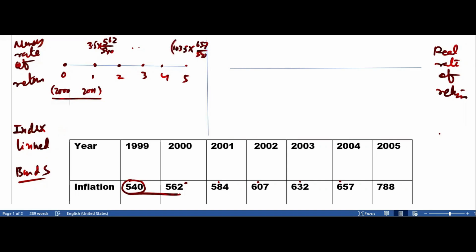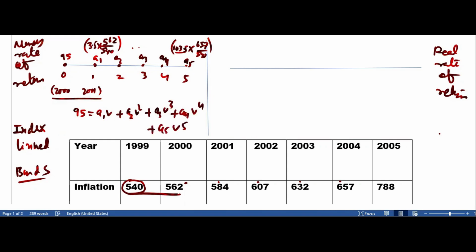So these are the A1, A5 values. I know A1, A2, A3, A4, A5. Even 100 I have included here. This is 95. So I have to solve 95 equals A1 V, A2 V square, A3 V power 3, A4 V power 4, A5 V power 5.